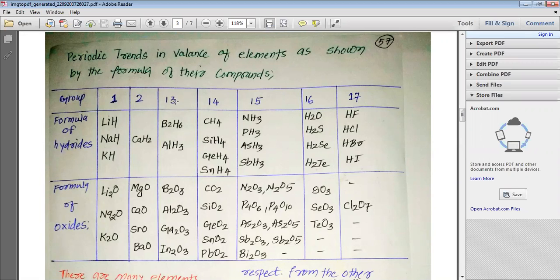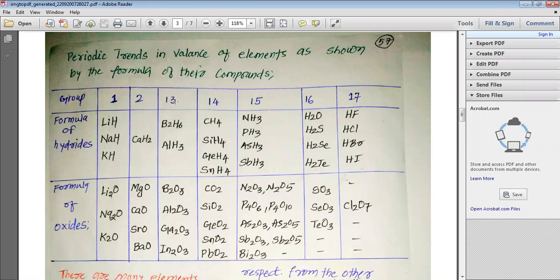Same way, when we look at group number 17, these elements generally acquire the -1 oxidation state. So when it comes to the -1 oxidation state, the element combines with a single hydrogen and forms HF, HCl, HBr and HI. Same way, when these elements form oxides, they show their +7 oxidation state.